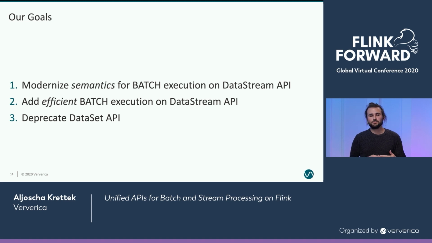Two, we want to add an efficient execution mode underneath the DataStream API so that bounded programs can be executed as efficiently or potentially better than what you could get with the DataSet API or a purpose-built batch processing system.